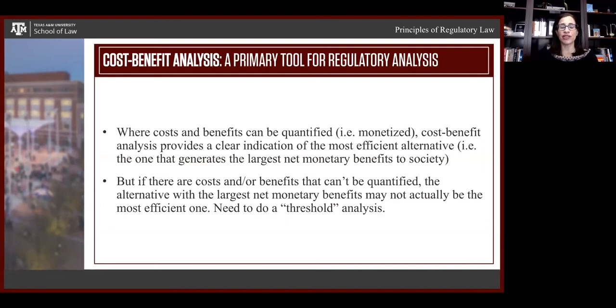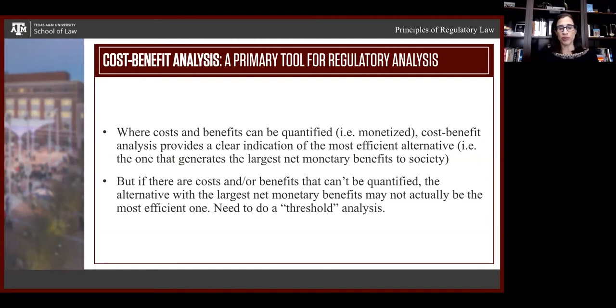In that situation, it provides a clear indication of what the most efficient alternative is. And here by efficient, we mean the alternative that creates the largest monetary benefits to society. But there are lots of situations where you can't really quantify or monetize costs and benefits. And in that situation, it's harder to really figure out what's the most efficient alternative.